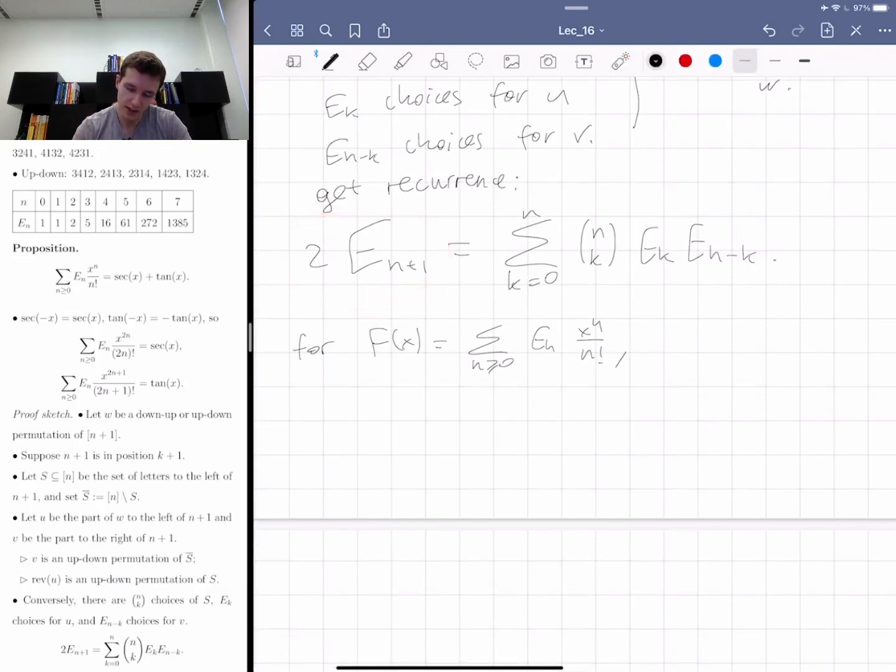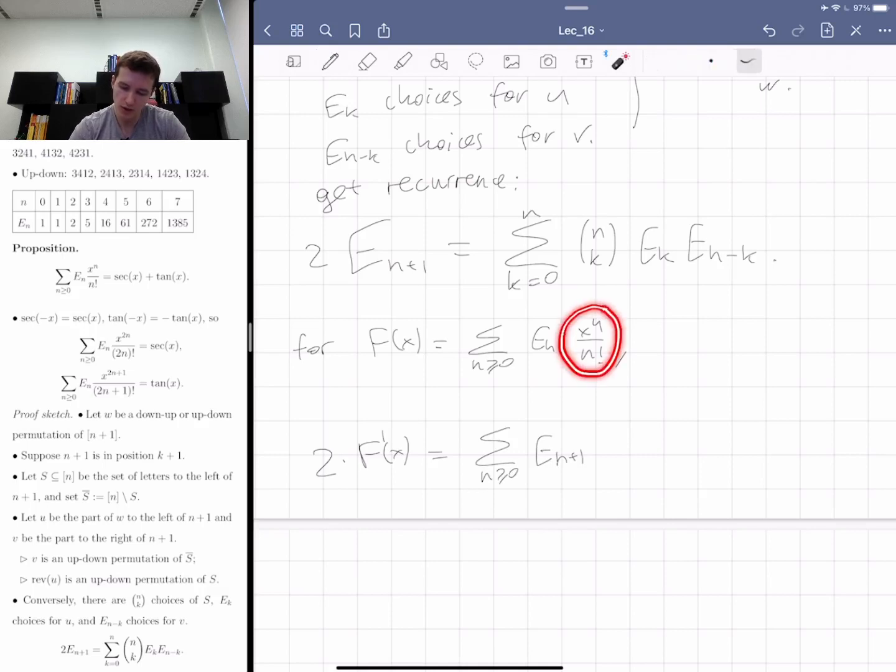I claim that the left-hand side is twice f prime of x. So what is twice the derivative of f? It's the sum over n greater than or equal to 0 of e_{n+1}.